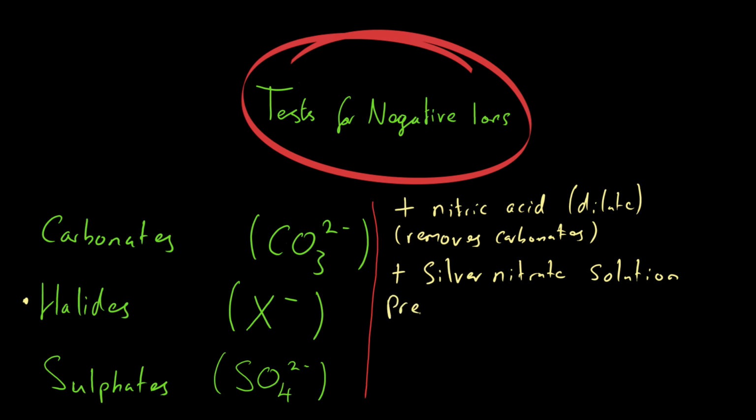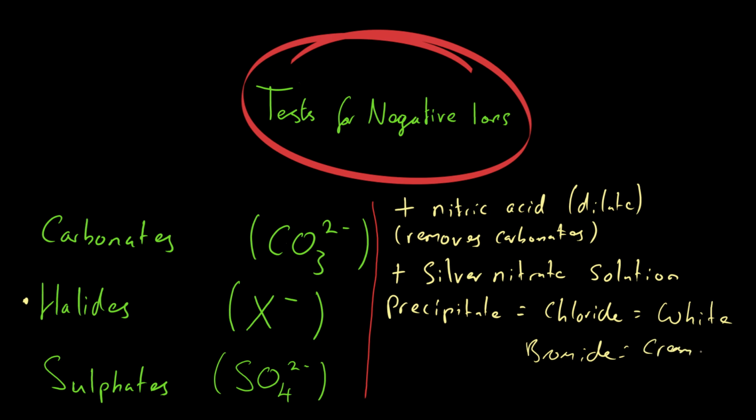So I'm going to write precipitate equals, okay, chloride is a white precipitate, bromide gives us a cream coloured precipitate, and iodide gives us a yellow coloured precipitate. Okay, and so the white, cream and yellow would tell us do we have a chloride, a bromide or an iodide, once we know that we've definitely got a halide.